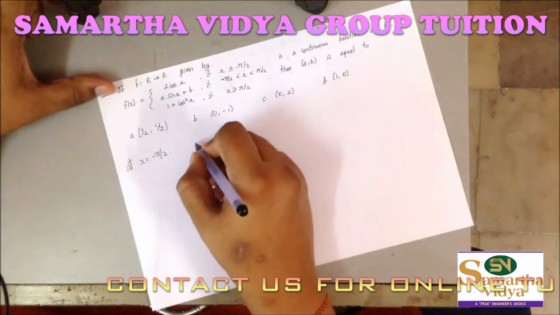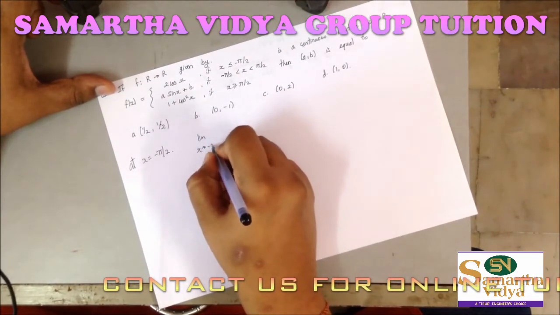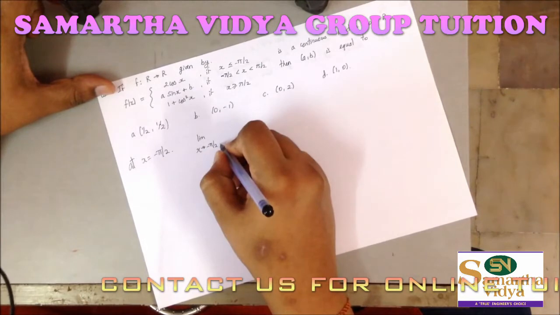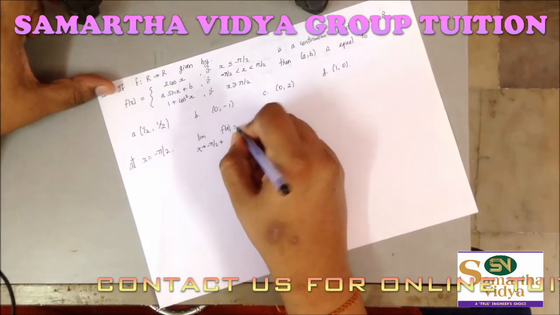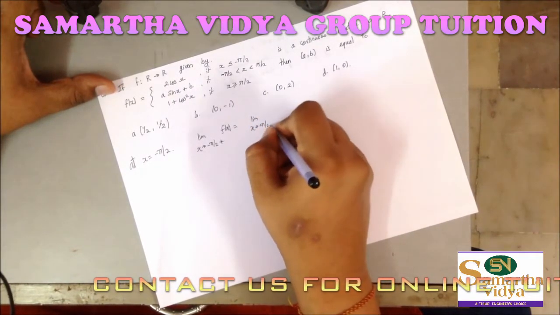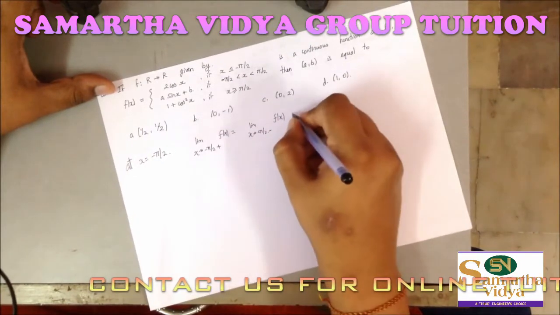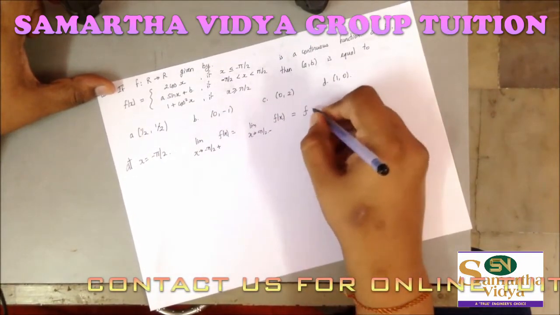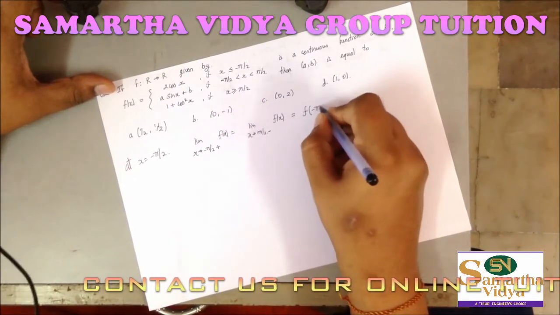The condition for continuity is the limit as x tends to minus pi by 2 from the plus side of f of x should be equal to the limit as x tends to minus pi by 2 from the negative side of f of x, and also according to the definition of continuity, it should be equal to f of minus pi by 2.